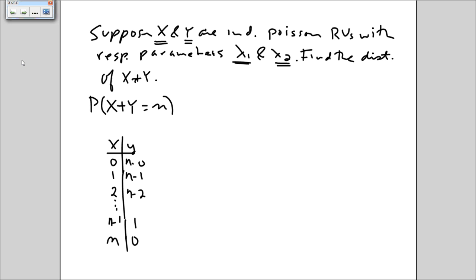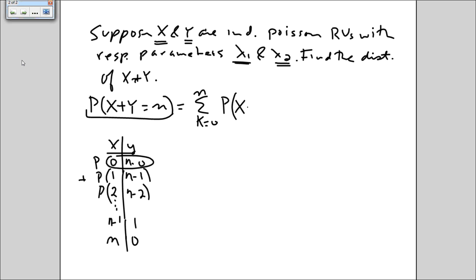So, this here is equal to the probability that x is 0 and y is n, plus the probability that x is 1 and y is n minus 1, plus the probability x is 2 and y is n minus 2. That is, it's going to be the summation as k goes from 0 to n of the probability that x is equal to k and y will be the balance, n minus k.